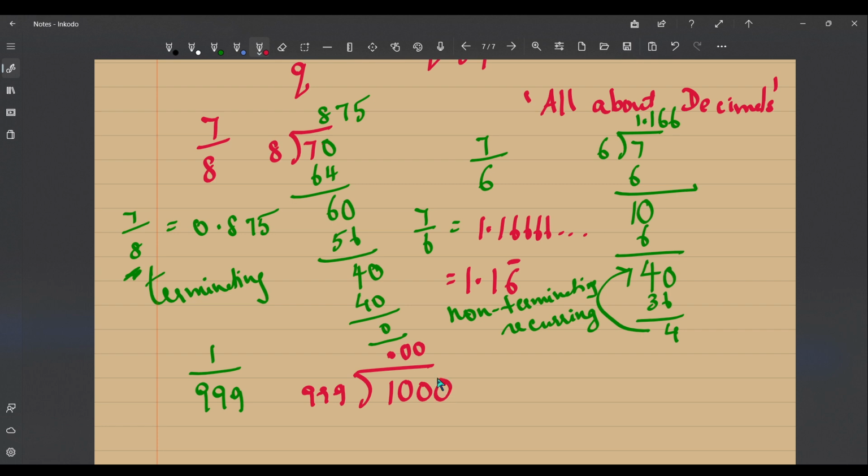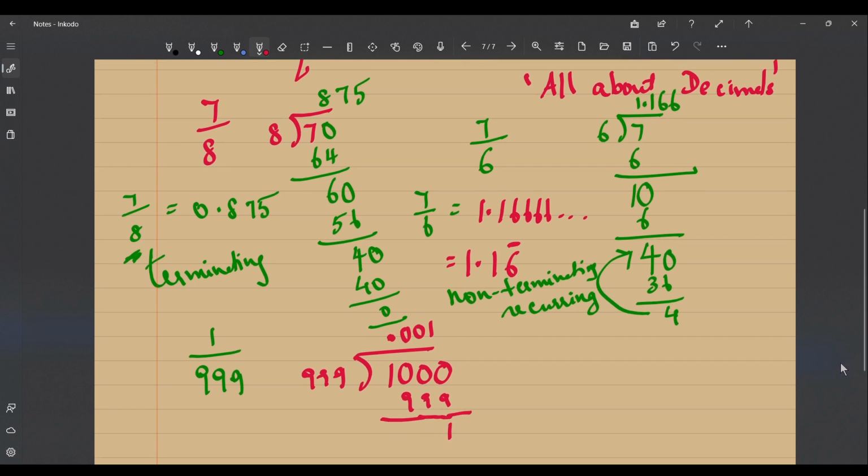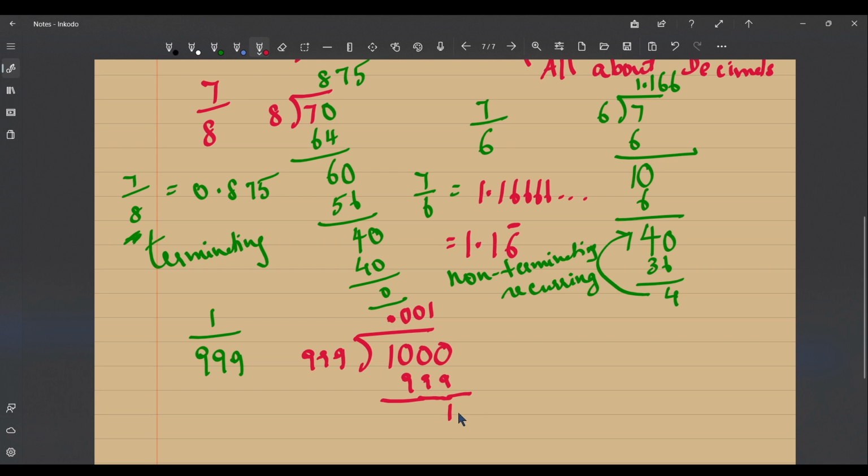And one more 0, you get 999 ones 999. And once again you get a remainder of 1. So this process is going to continue now, isn't it? You're going to add 3 zeros. So you would be getting once again 0, 0, 1, and the process is going to continue, right? So this is also an example of non-terminating recurring.